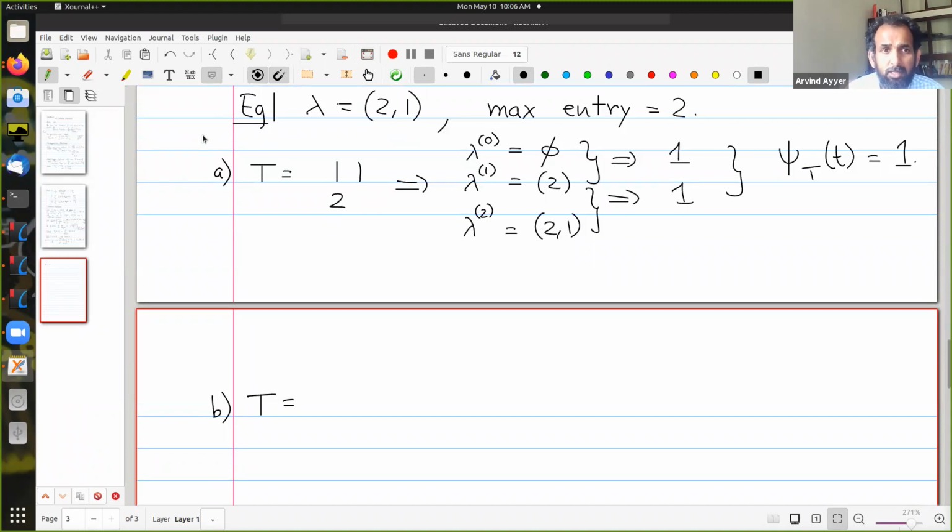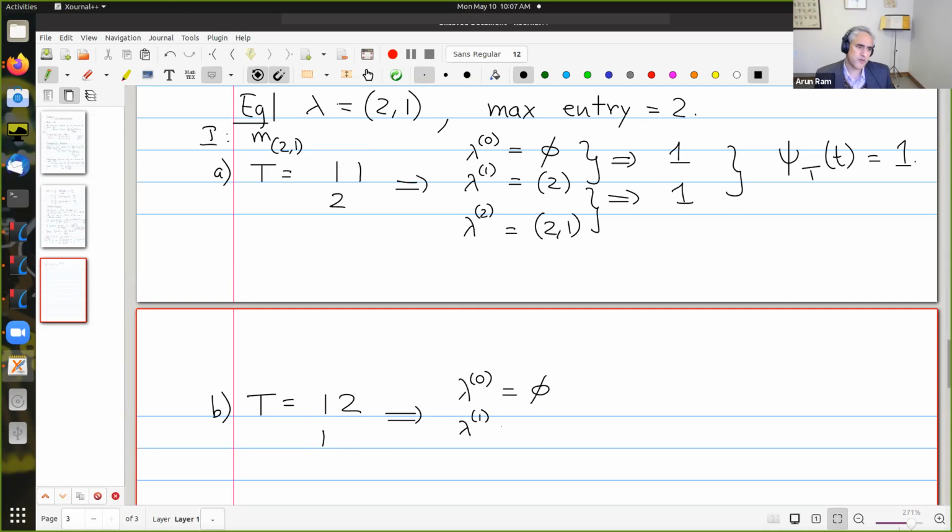I should have said that this is case 1 where I'm taking the coefficient of m 2 1 itself, because the content of this tableau is 2, 1. There are two 1s and one 2. The other tableau which gives you the same content is 1 2 2, and so here lambda 0 is empty as before.